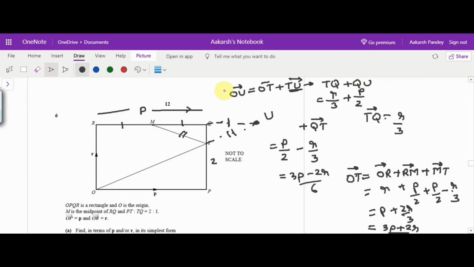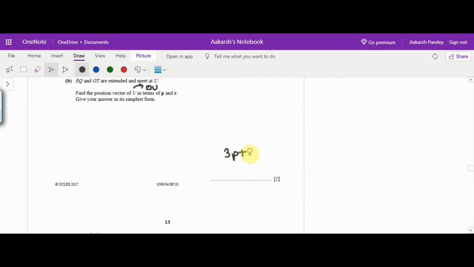So OU is firstly OT, which is 3P plus 2R by 3, plus TU, which is P by 2 plus R by 3. So again I'll just continue over here. You get 3P by 2 plus R, which is 3P plus 2R by 2. This is OU, which is the position vector of U.